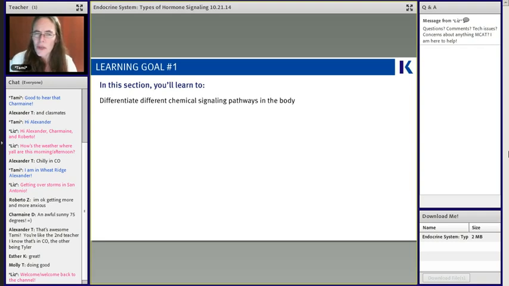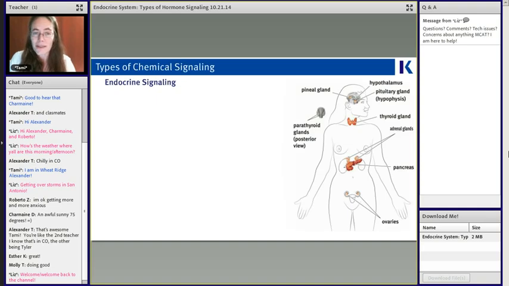So our first learning goal, we're going to start off with different signaling pathways within the body. So even though this class is called the endocrine system, we're going to be talking about different types of signaling, including autocrine, juxtacrine, paracrine, so that we really understand the different types before we jump into our specific endocrine system.